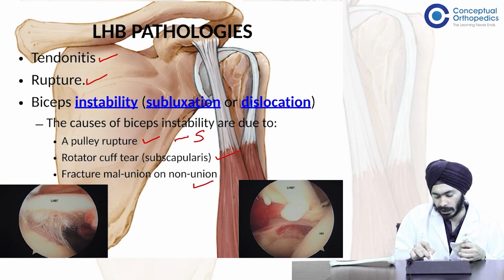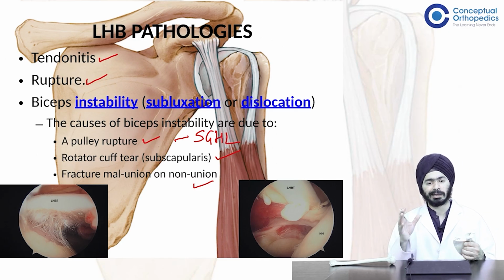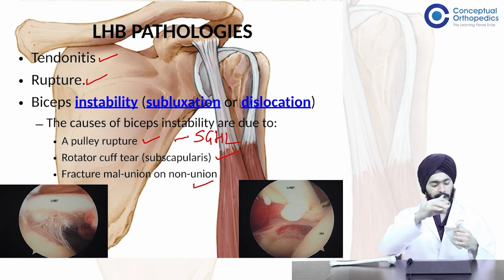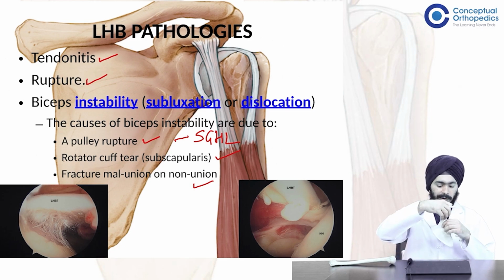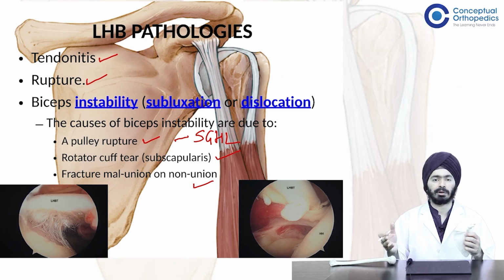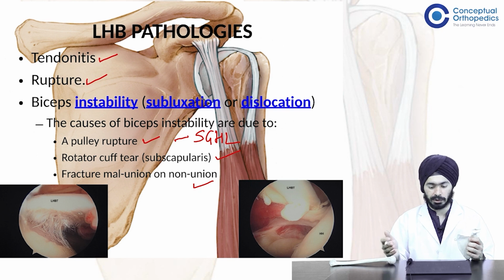So you have to remember that SGHL, or superior glenohumeral ligament, provides a lot of stability and forms the pulley of the biceps and stabilizes it in the groove into its position, so the biceps doesn't subluxate and remains here in its right position, original anatomical position.